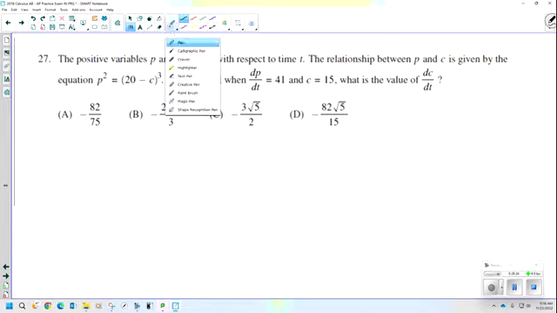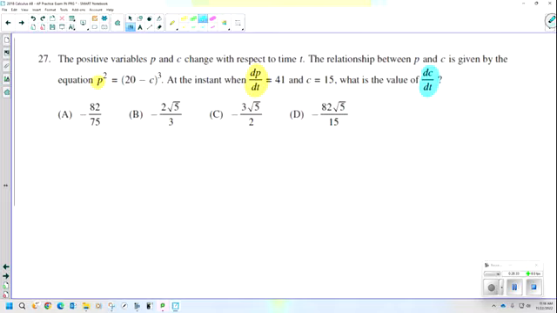All right. Well, first of all, in order to get dP, we need to take the derivative of P. And in order to get dC, which we're solving for, we need to take the derivative of C. So I think the first thing we should do is take the derivative of our equation right here. So if P squared equals 20 minus C cubed, let's just go ahead and take the derivative here.